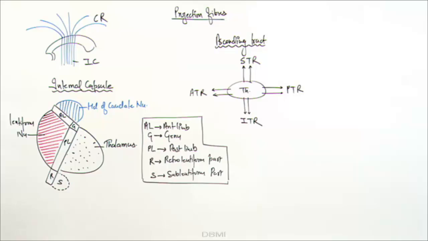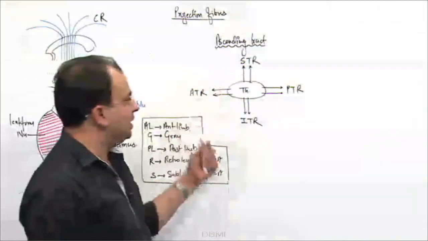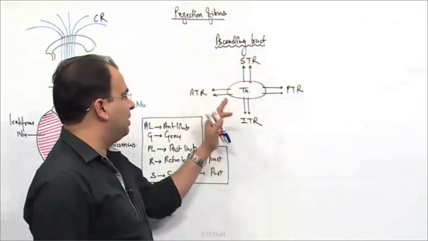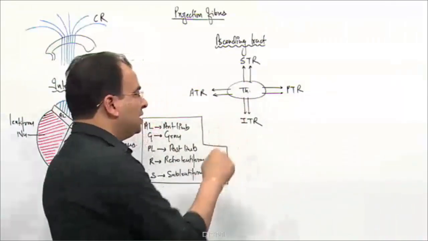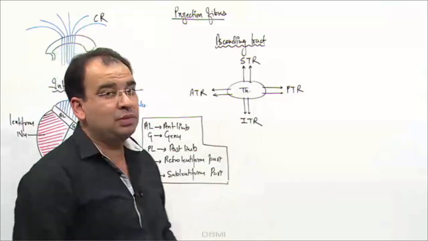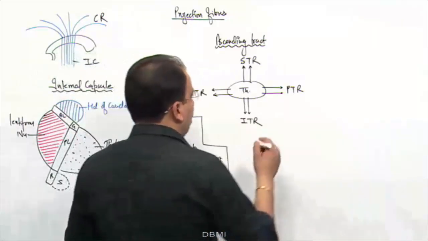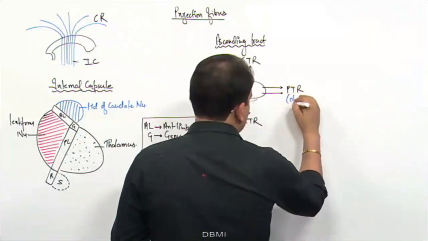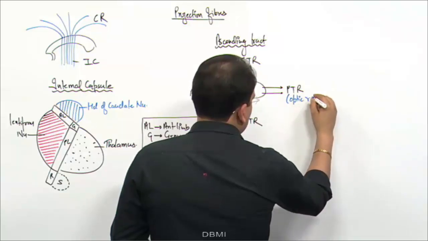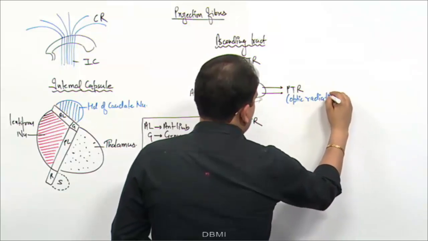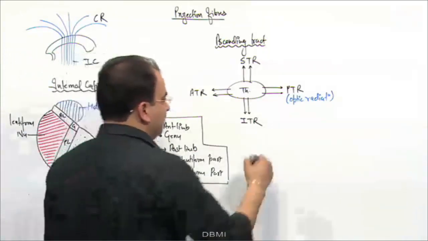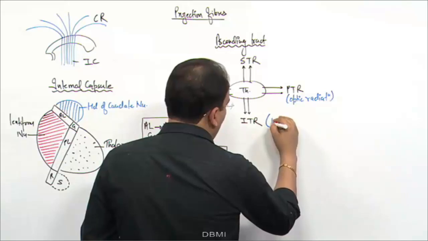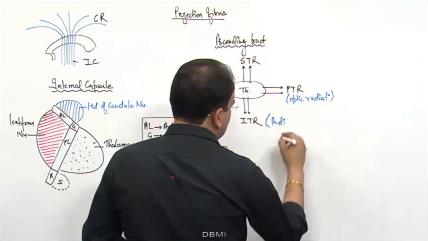So ascending tracts which will go through the internal capsule are the thalamic radiations: superior thalamic, inferior thalamic, anterior thalamic, posterior thalamic radiation, out of which the posterior thalamic radiations which are actually coming from the lateral geniculate body are called optic radiations.